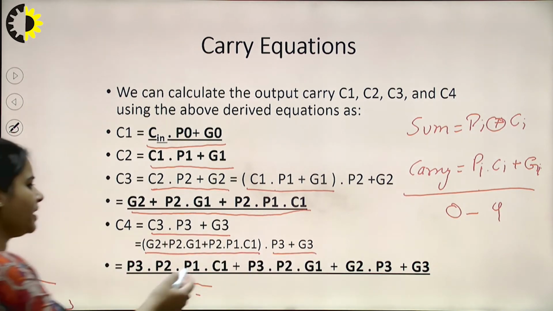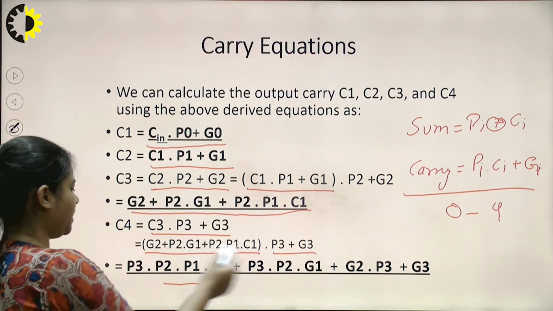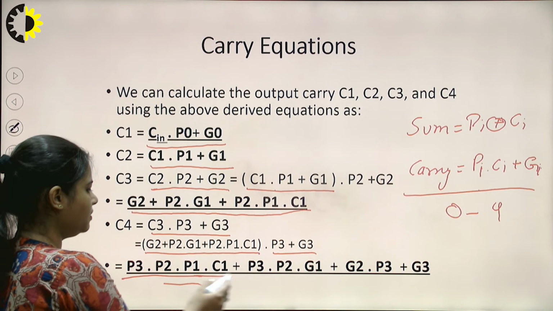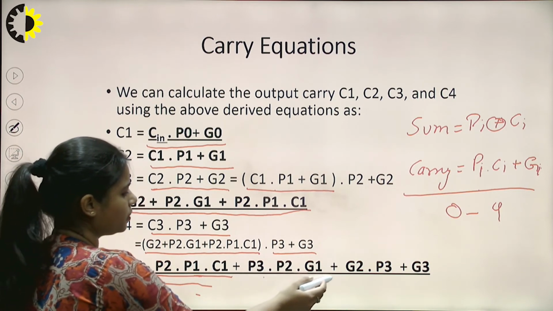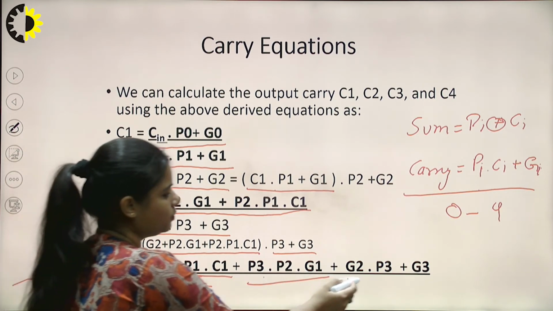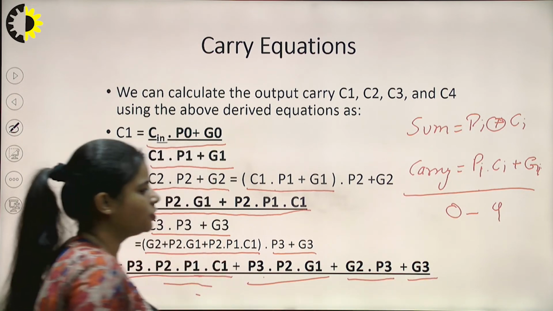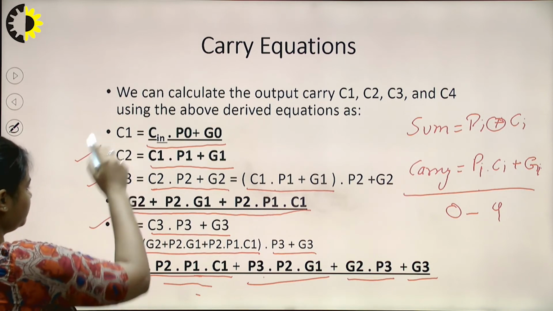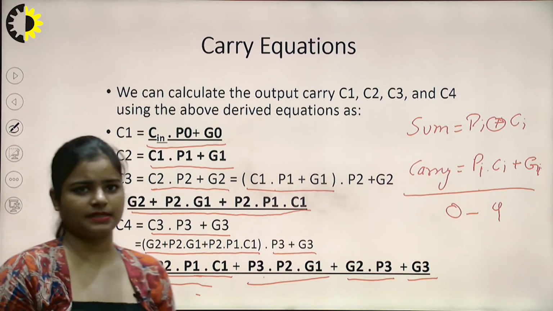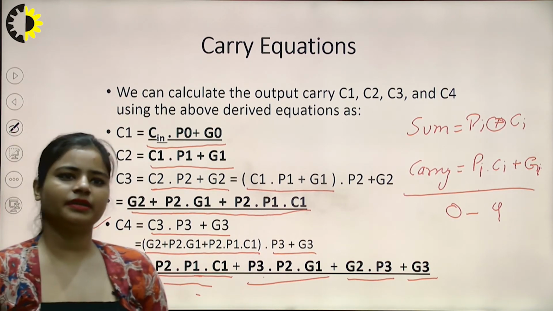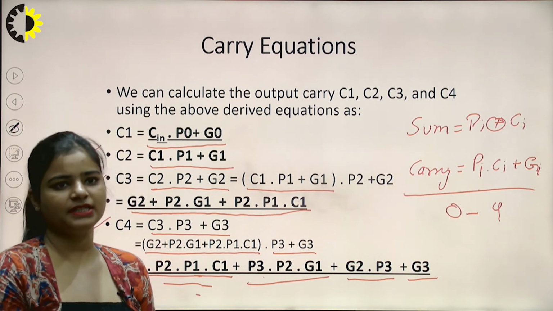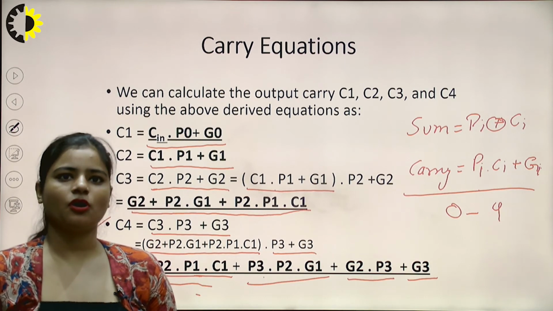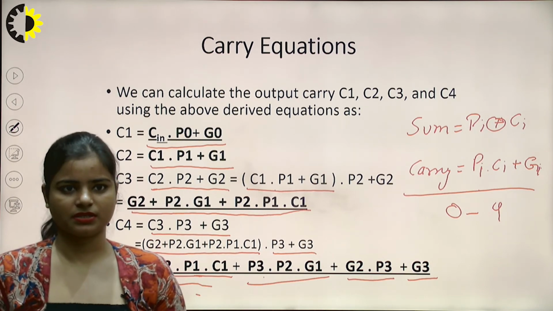We multiply all the values with P3, and then we have P3 dot P2 dot P1 dot C1 plus P3 dot P2 dot G1 plus G2 dot P3 plus G3. So these are the 4 final equations we have for our carries. Let's create the diagram for all the carries using these equations.